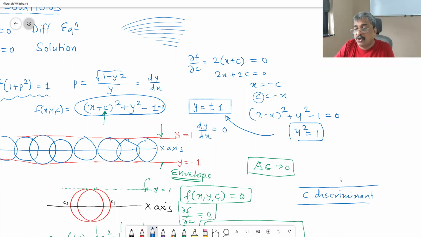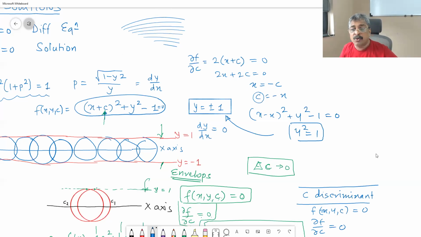Because the equation is not known to us, when we say c-discriminant, we mean f of x, y, c is equal to 0 and del f by del c is equal to 0. You simultaneously solve these two, and that is how you find the c-discriminant.